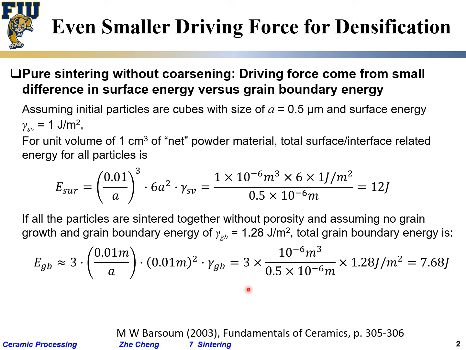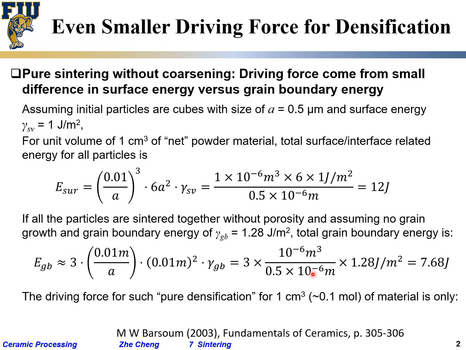6.68 joule. Here, you may think a little bit again. This is the area for one side of my cube, which whether it's grain boundary is still the same size. And then how many grain boundaries? I have this many along one direction, but then along 3 directions, I have 3. So that's how this comes to be.